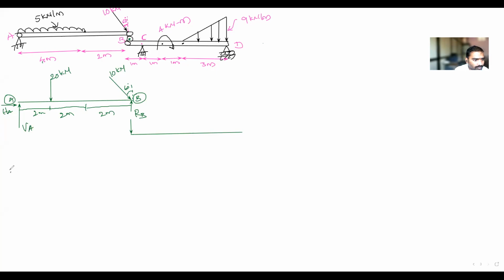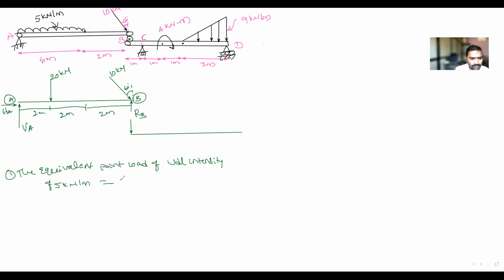So first, the equivalent point load of the UDL. कितना था UDL की intensity? 5 kilonewton per meter.